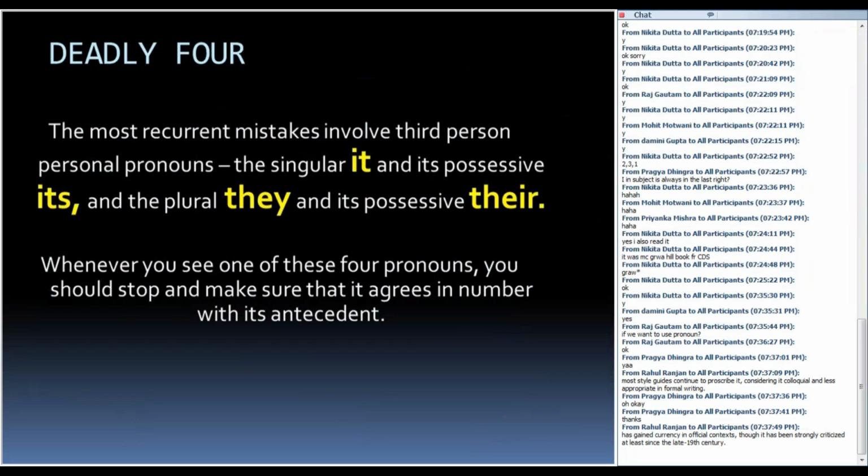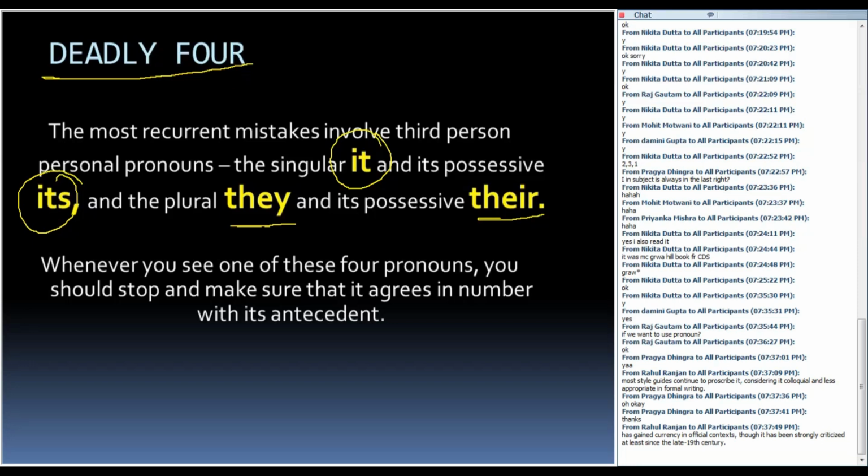Now let's come to these four pronouns that are the most important, and every time you see the word it or its, they or their in your sentence, stop. Stop and check.